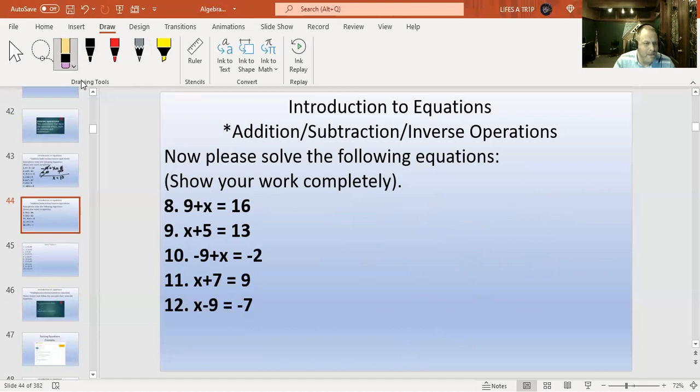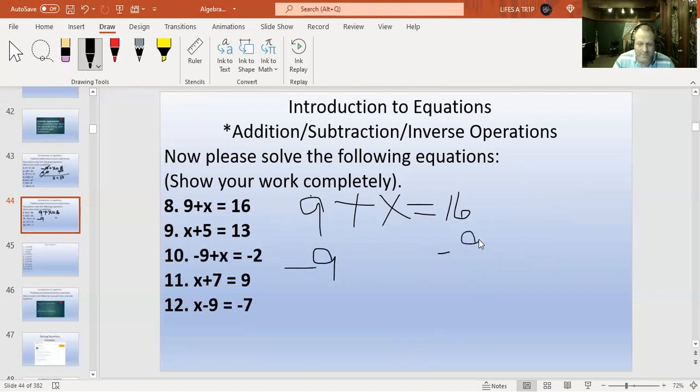Okay, all right. So 9 plus X. Sorry, guys, my handwriting's so bad on this thing. All right, so inverse operations through the cancellation method. X equals 7.